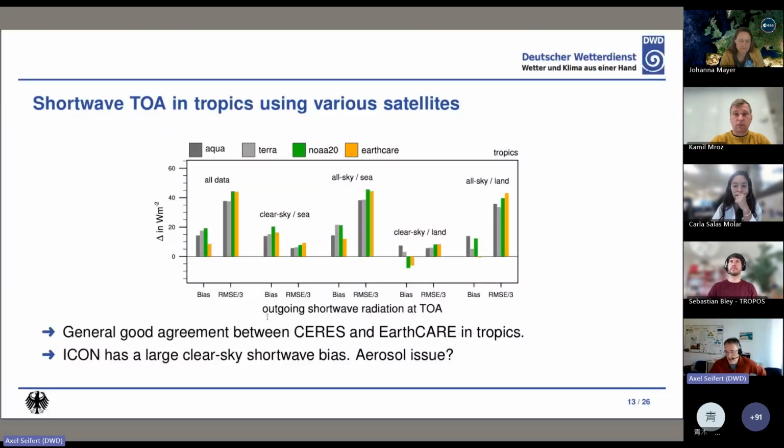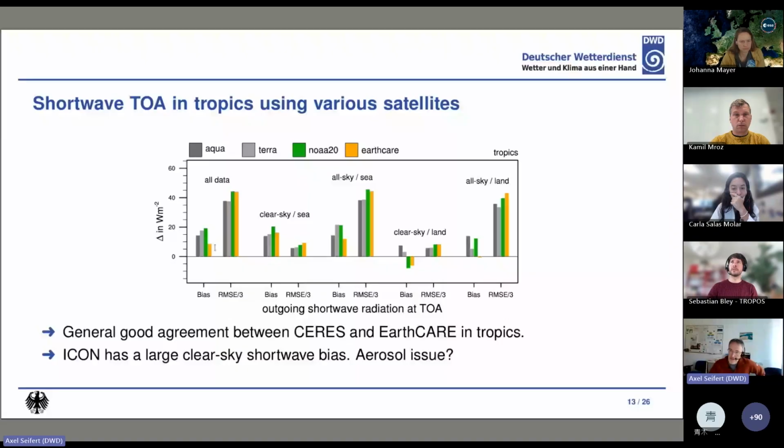And this is again reflected shortwave. You see basically the same thing, but now we can look at all three different Sirius instruments and compare them with EarthCARE and with ICON. First of all, ICON has this positive bias in reflected shortwave. That's also in clear sky, especially over the ocean, but less so over land.